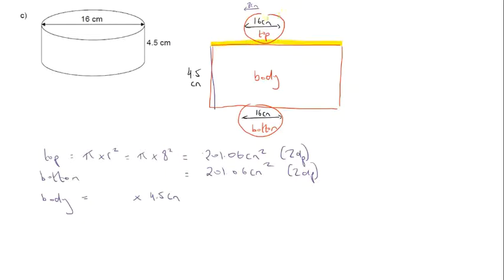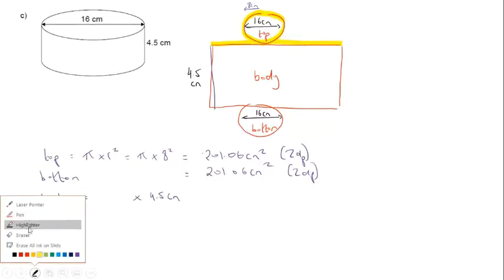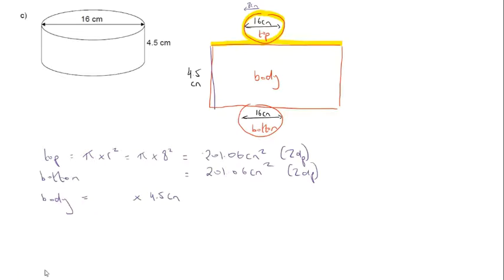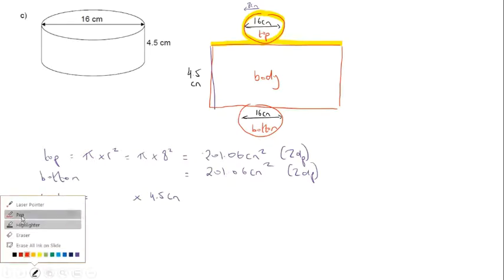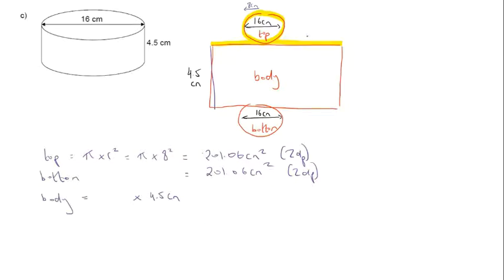We showed in lessons that this yellow length here has to wrap exactly around the circle to make the perfect cylinder. So it has to be the same length as the distance around the circle. Remember, that's called the circle's circumference. So this needs to be the circumference of the circle.